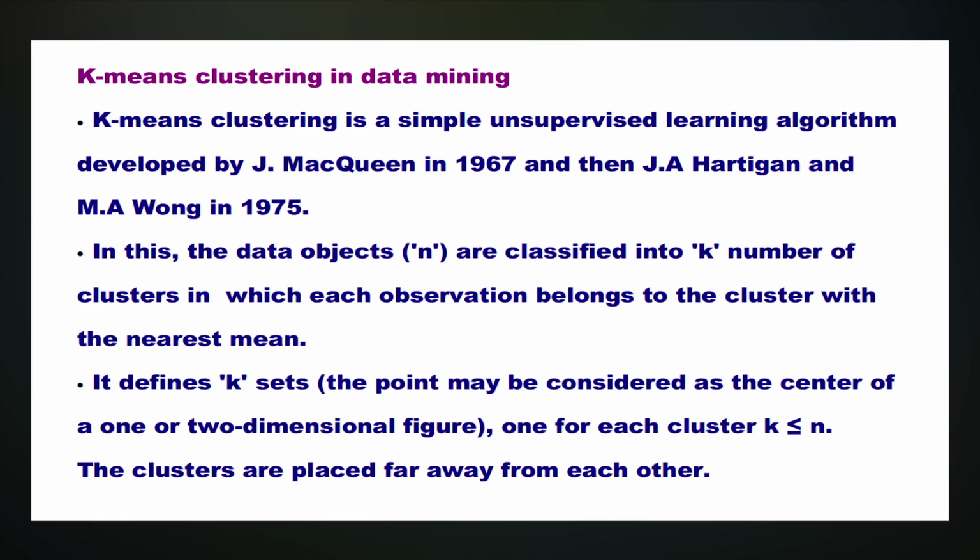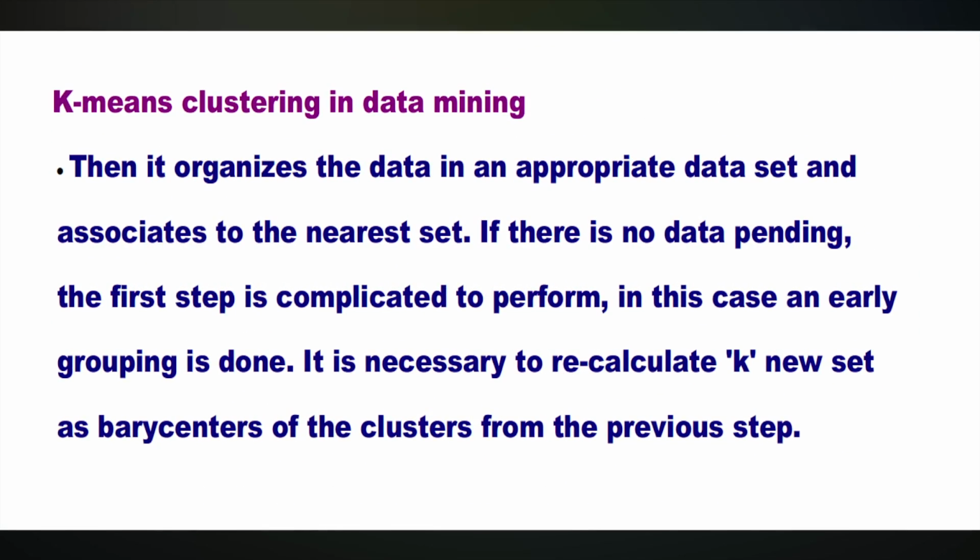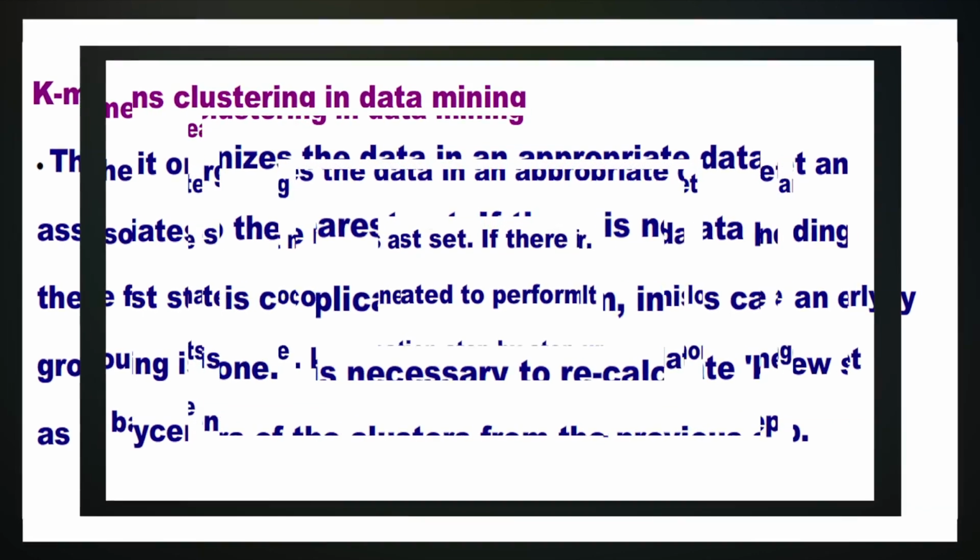The clusters are placed far away from each other in this step. Then it organizes the data in an appropriate data set and associates to the nearest set. If there is no data pending, the first step is completed. In this case, an early grouping is done. It is necessary to recalculate k new sets as barycenters of the clusters from the previous step.